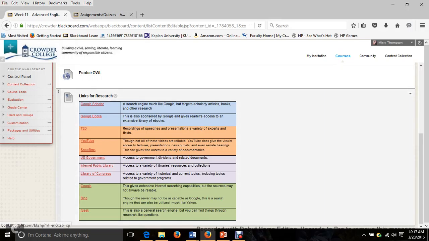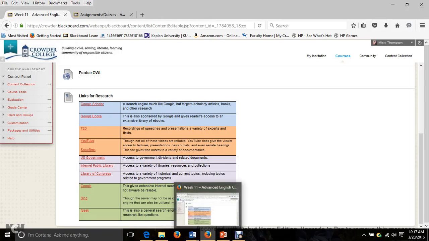But we have different ways to find sources here, and they differ on reliability. But there's links of where you can go and kind of a description of each of the things that you can use. I do suggest trying to utilize more scholarly searches like Google Scholar. You can find things like U.S. government websites, the Internet Public Library, Library of Congress. So there's a lot of great sources out there online that you can find.